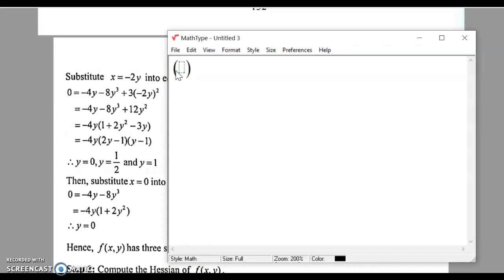Just now we have a stationary point for when x is 0, y is 0, and we also have, when x is negative 2y, y will be either 1/2 or another one, 1.